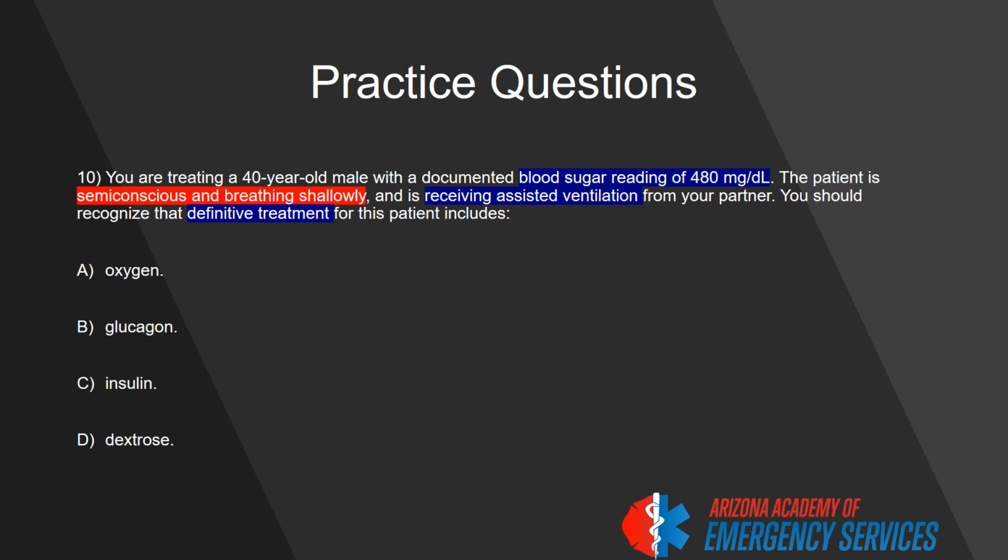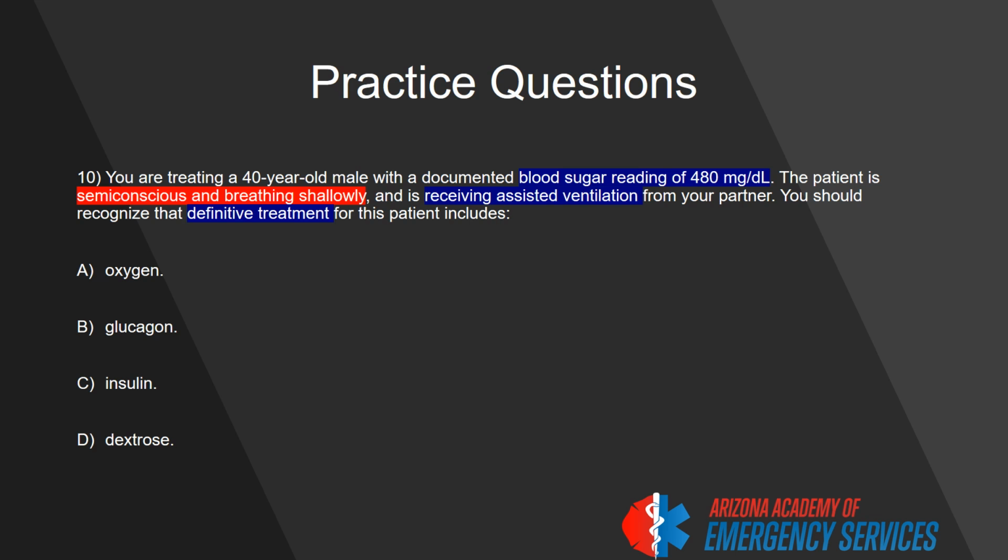Now, it's important for you to realize the core of this question is this last statement. You should recognize that definitive treatment. I highlighted that in blue as primary information because definitive means long-term care, ALS provider care, higher level of care for this patient. To you, as an EMT student, definitive should mean in the hospital with doctors and nurses and higher level providers and advanced diagnostic equipment.